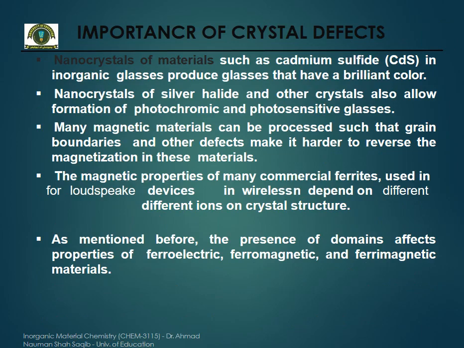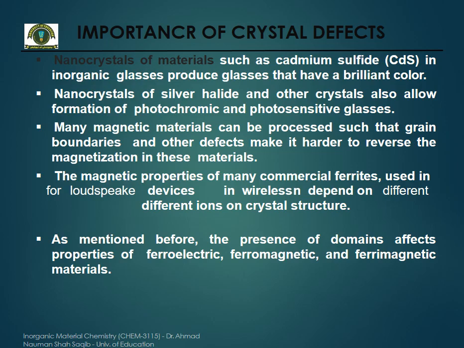Dear students, there are many more importances of crystal defects. These are as follows: nanocrystals of materials such as cadmium sulfide in inorganic glasses produce glasses that have a brilliant color. Different colors, and some photosun glasses, are also formed with the help of these nanocrystals of cadmium sulfide.